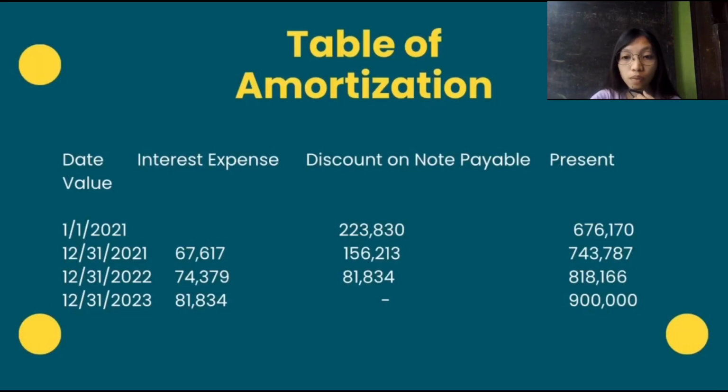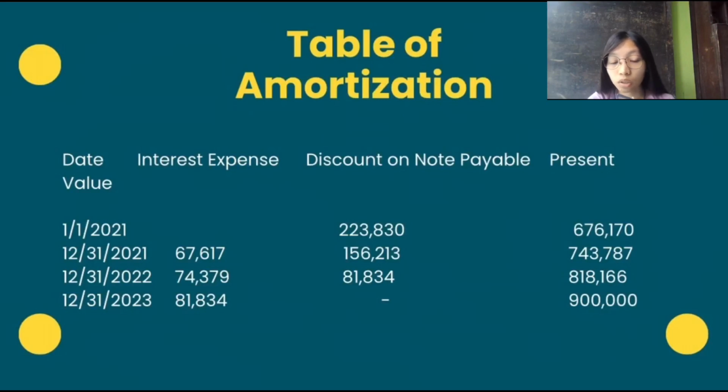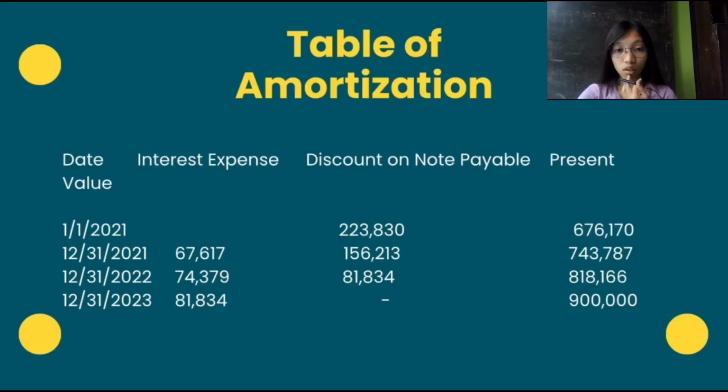So, the present value, we have the 676,170 mo ng present value of note payable, and the discount on note payable, which is the imputed interest of 223,830. So, sa pagkuha sa interest expense for December 31, 2021 kay present value nga 676,170, i-multiply nato sa interest rate which is 10%. Mo nang equals to 67,617.